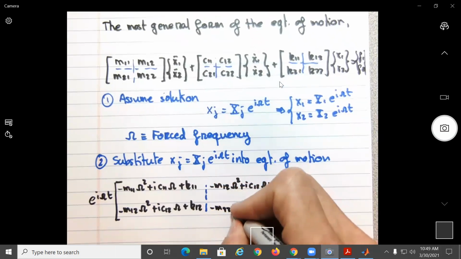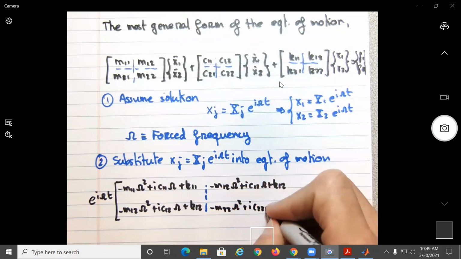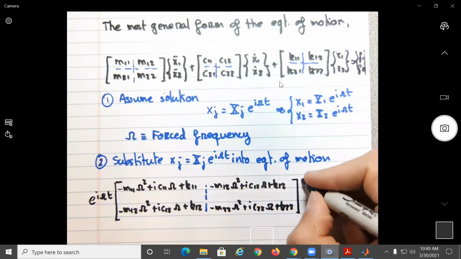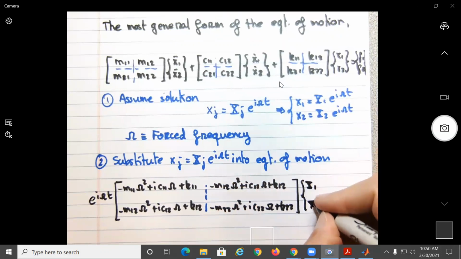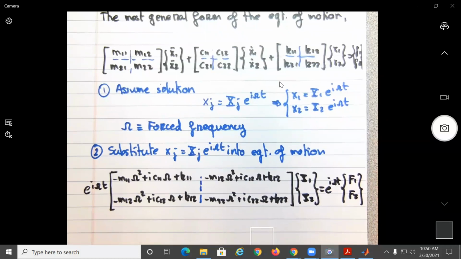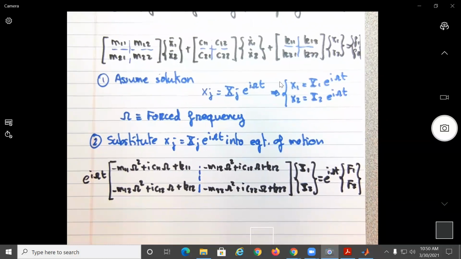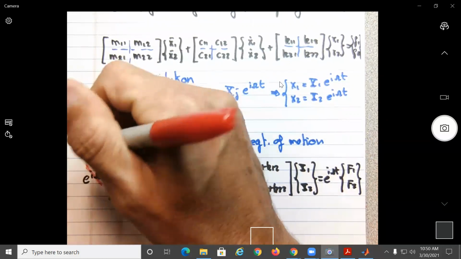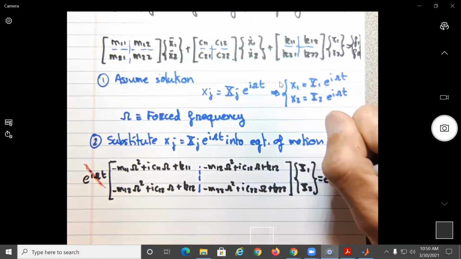Minus M22 omega square plus iC22 omega plus K22. x1, x2, and this should be equal to the e^(i omega t) F1, F2 of the forces. So why do we assume the solution using the force frequency? Because at this step, what can you do? You can cancel these two terms.